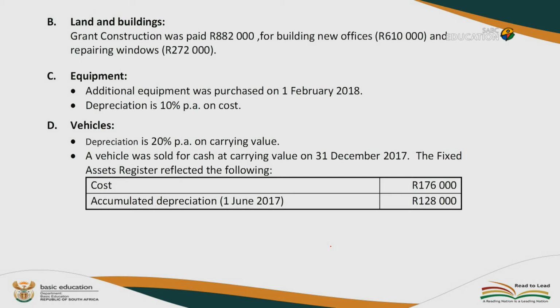So therefore, when you go to your note for tangible assets, you are not going to record the 272,000. The only amount that you are going to record is your 610,000, because that is only speaking to the building of the offices.